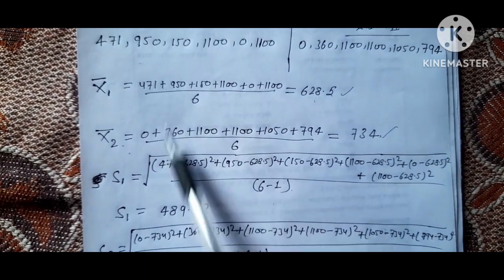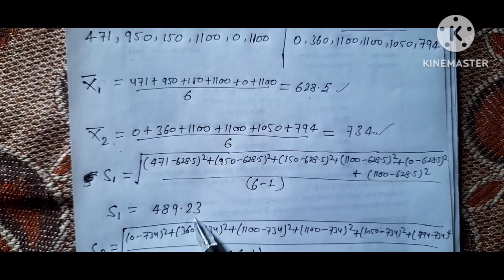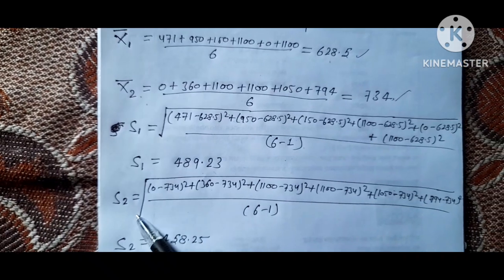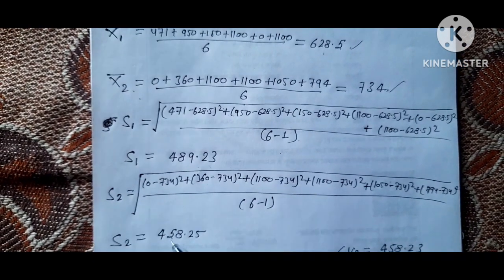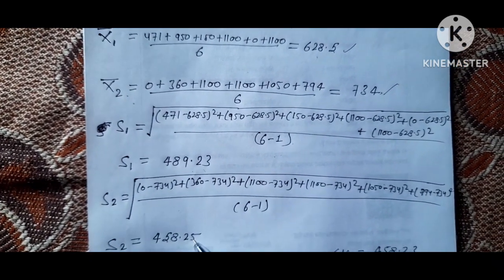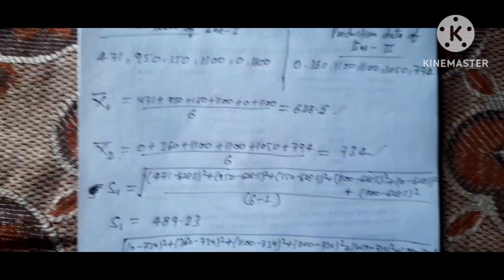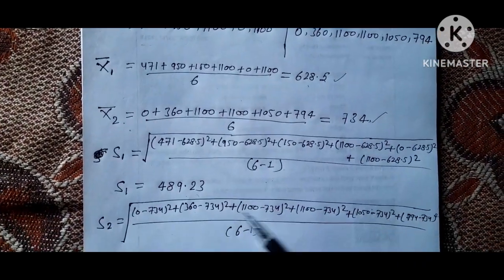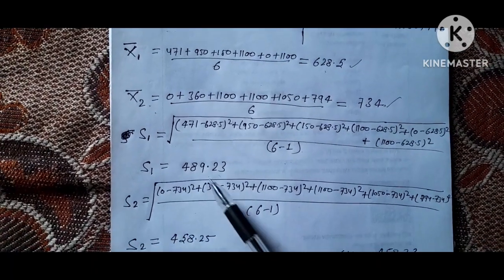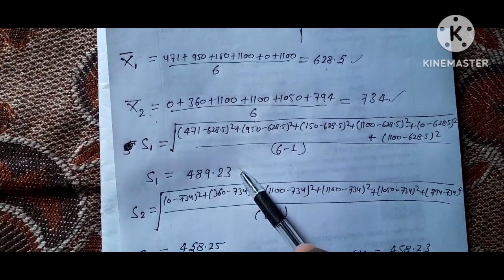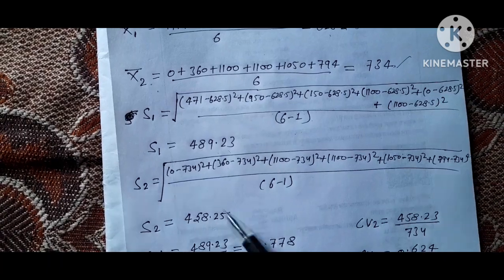So line 1 has a standard deviation of 489.23, and line 2 has a standard deviation of 458.25. We took the data from here and calculated all of this.